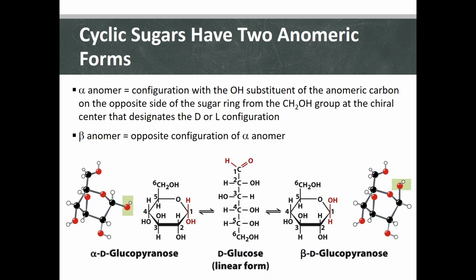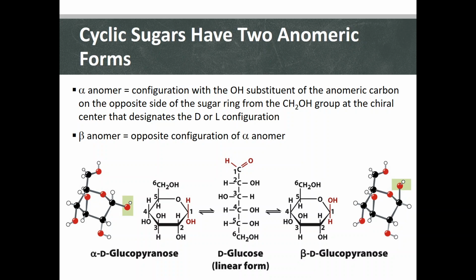And what that equilibrium looks like is this. The mixture is going to consist of about 1/3 alpha D-glucose, 2/3 beta D-glucose, and very small amounts of the linear and 5-membered ring forms. So the dominant species here is going to be the beta D-glucose.